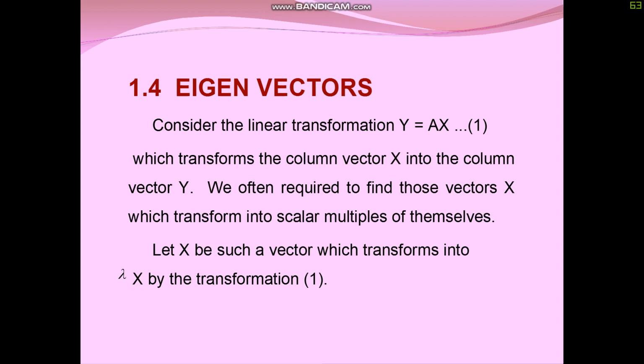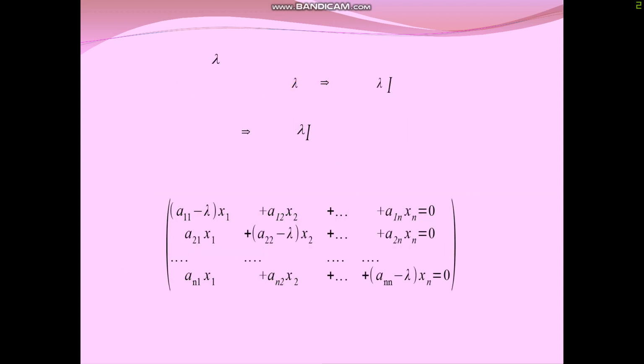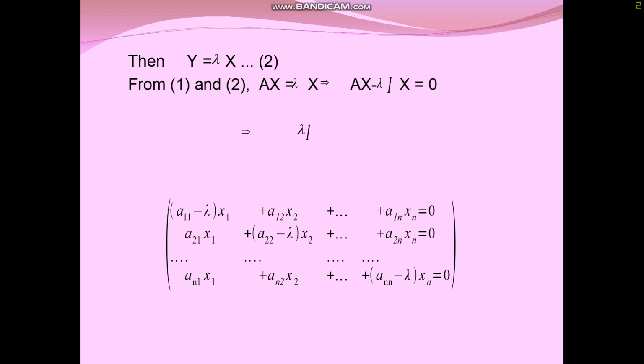Let x be such a vector which transforms into lambda x by the transformation, equation 1, y equal to lambda x, equation 2. Then from equations 1 and 2, Ax equal to lambda x, so A minus lambda I times x equal to 0.